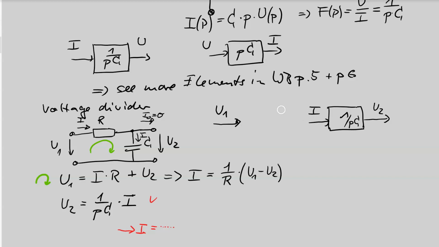Depending on my drawing, I need here I as an input, so I need an element which produces a current I. This can be done with this equation, and the drawing of this gives, if I draw this, an I output, multiplied with 1 over R. This is a block function, 1 over R. And the input of this block is U1 minus U2.